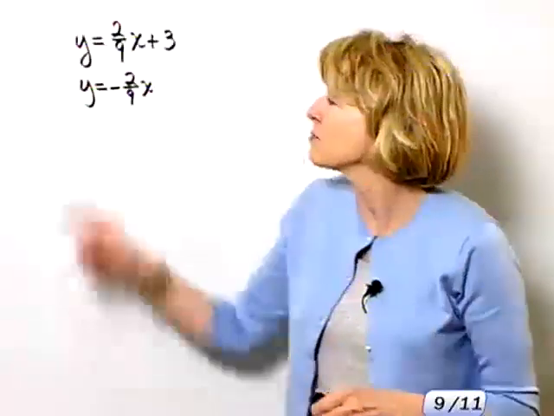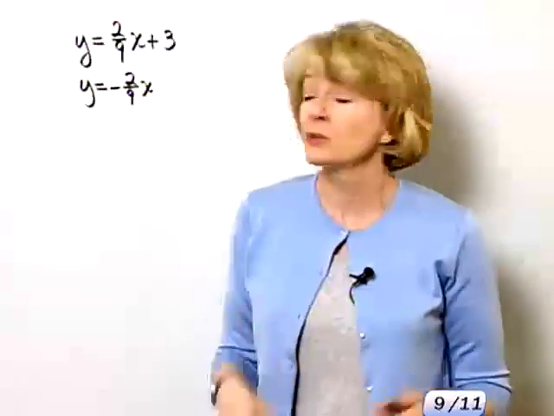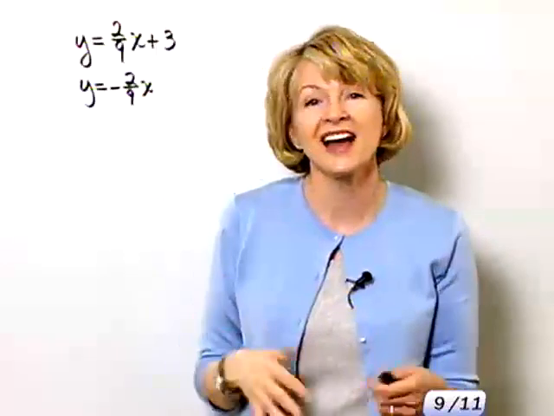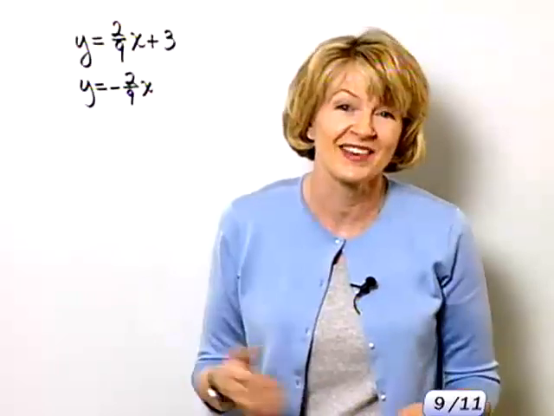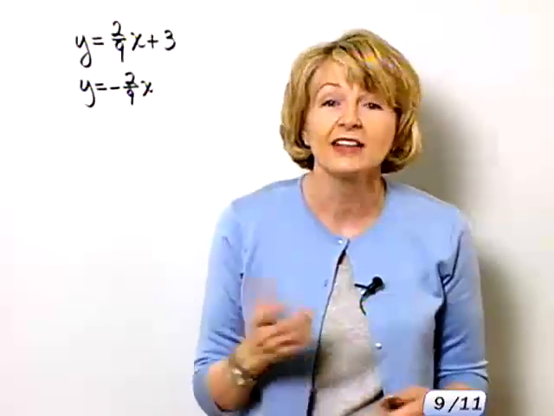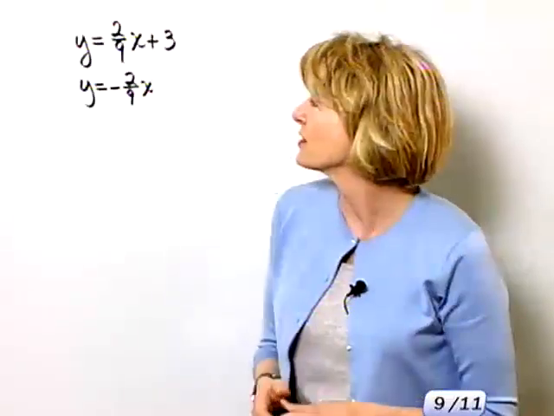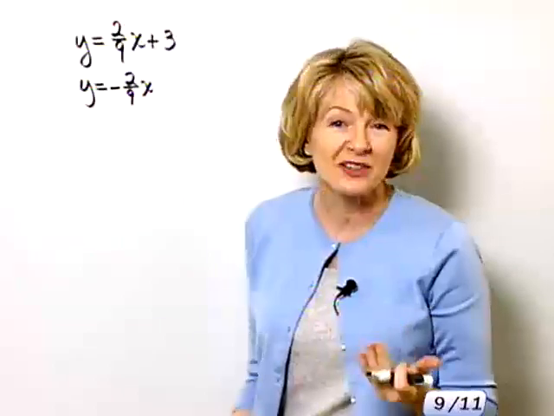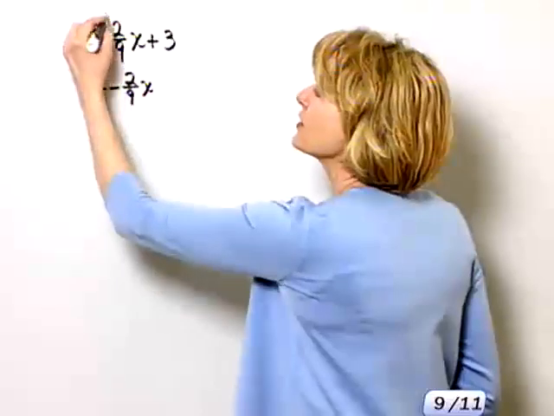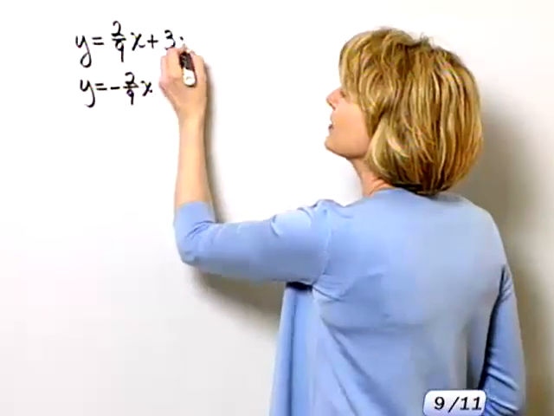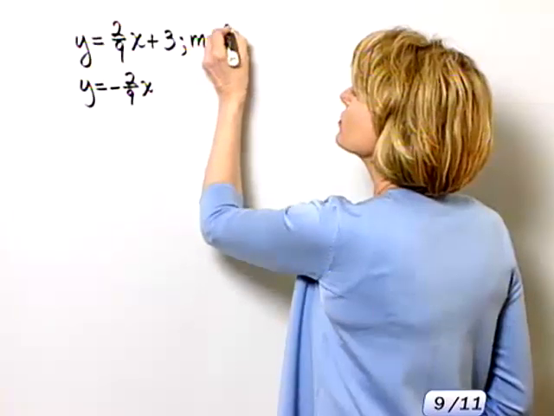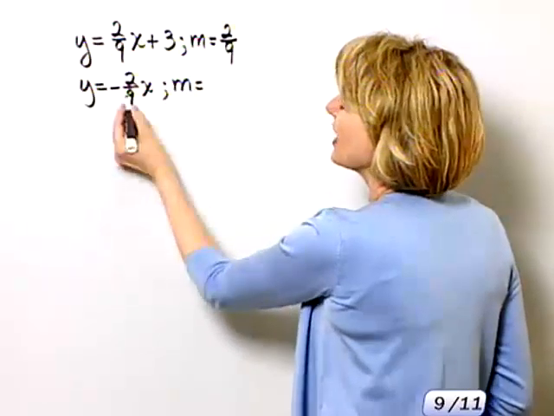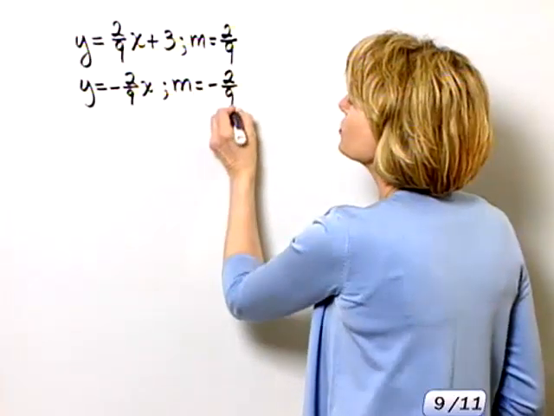Let's review that by comparing lines. In other words, I want to know, are the graphs of these two lines parallel lines, perpendicular lines, or neither? To find out, let's simply compare slopes. Now notice, each of these lines is written in slope-intercept form, so I know the slope of this line is 2/9, and I know the slope of this line is -2/9.